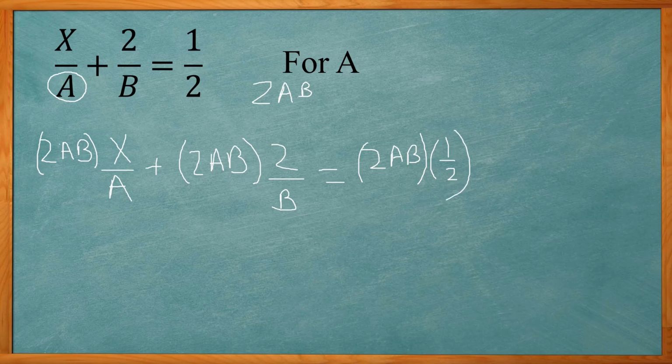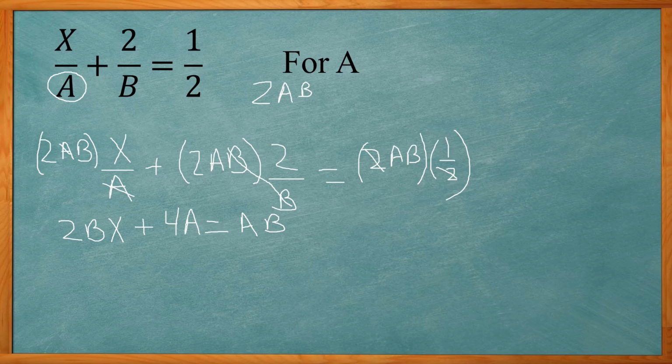Okay, so this first one, a is going to cancel out, leaving with just 2bx. Over here, the b is going to cancel out. So 2 times 2 is 4, so 4a. Over here, the 2 is going to cancel out, leaving with just ab. So far I have 2bx plus 4a equals ab.